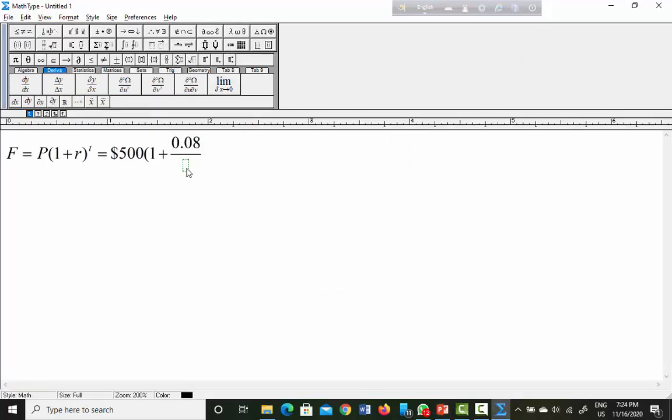But we need to convert it to the quarterly rate, so we divide it by 4, since in a year we have 4 quarters.